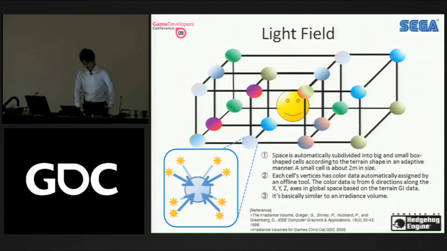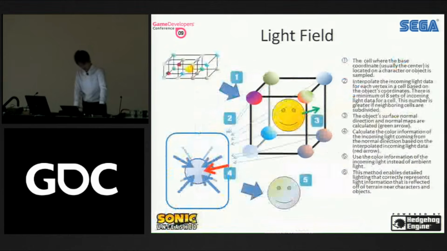Each cell's vertices has color GI information data that is automatically assigned by an offline tool, and the XYZ axes in GI global space provide light color data from 6 directions. And basically, this is pretty similar to what is called irradiance volume.